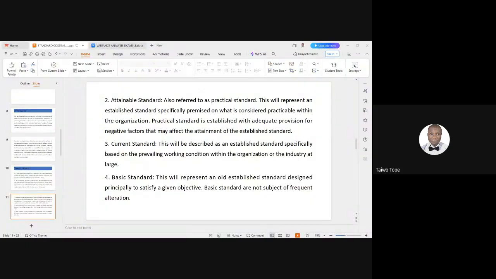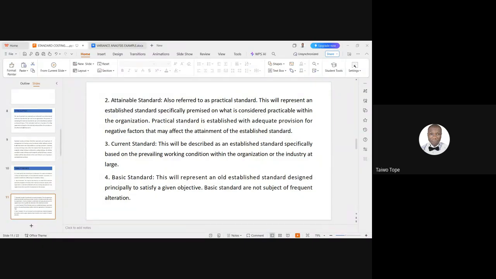Then we have basic standard. These are standards that really do not change. They've been set over time, for like 50 years, and they don't just change like that. You tell some persons to change certain things, they'll tell you, no, this is how we've been doing it over time.